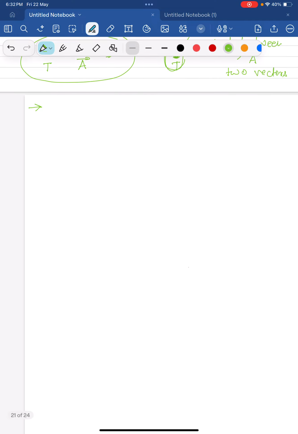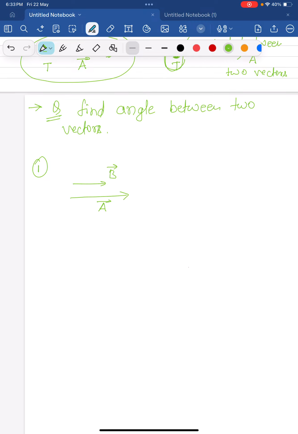So there are some questions in which you have to find the angle between two vectors. First question: there is a vector A along the horizontal direction and another vector B along the horizontal direction.